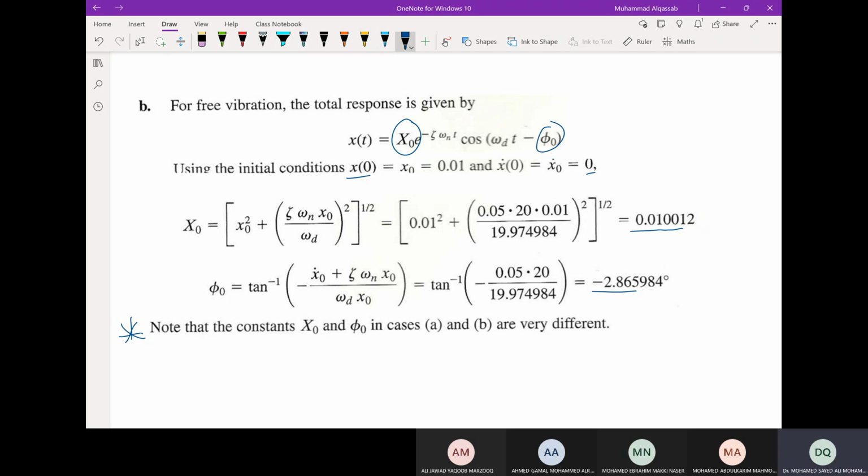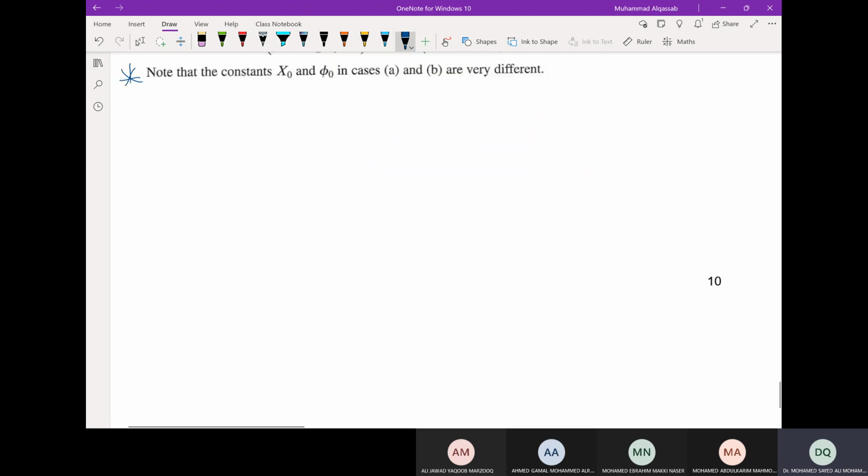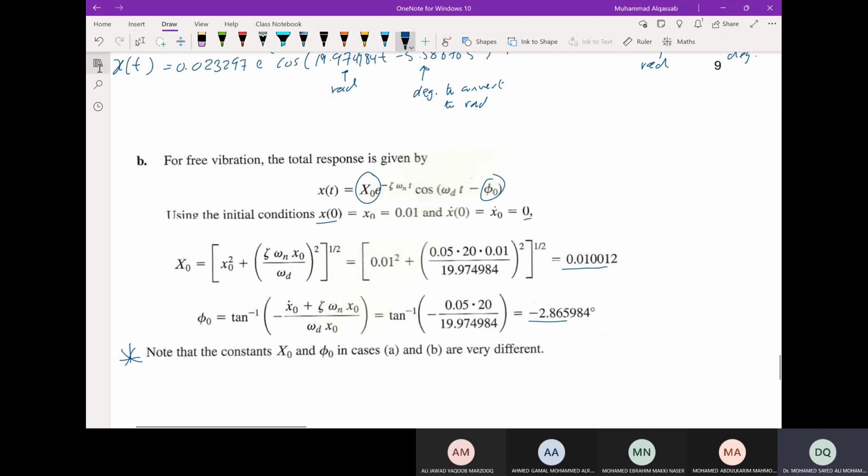This is just to emphasize that you can use the homogeneous solution as we did in chapter 2, but without evaluating the constants from the homogeneous solution. So you take the homogeneous solution with the unknown coefficients, and then you find them from the total solution. This is a continuation of lecture 2.